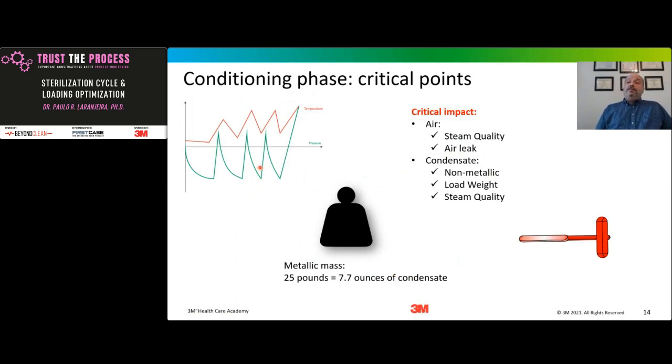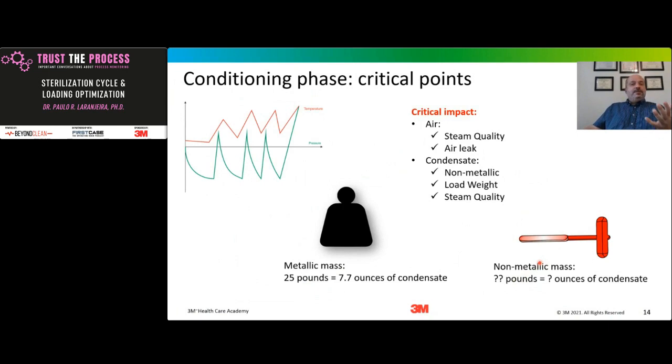Now, for the metallic, it's easy. This is what we have for the metallic. Now, for the non-metallic, we don't have that information. We do not know what is the mass of non-metallics and how much condensate they would create. By not having that reference today, we cannot assume that 25 pounds of metallic will have the same performance as 25 pounds of non-metallic.